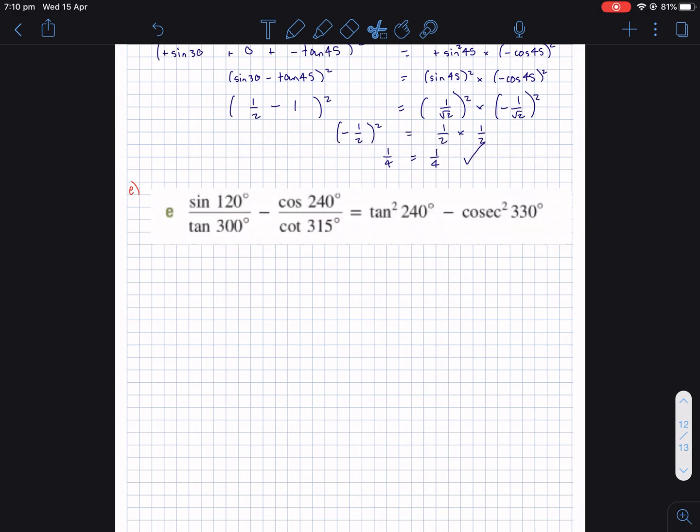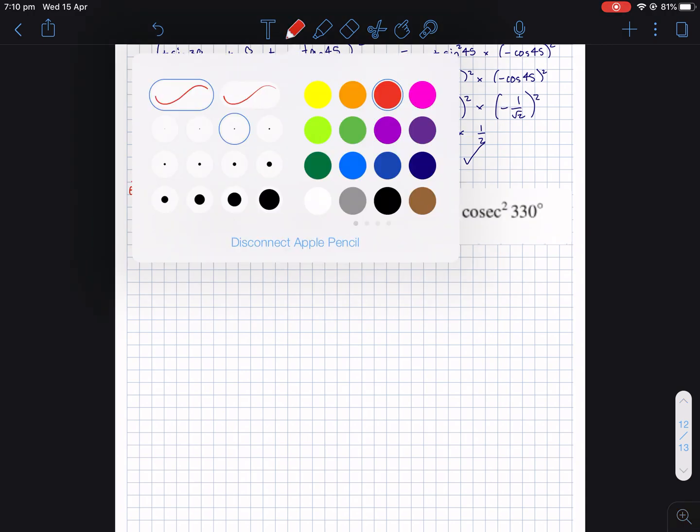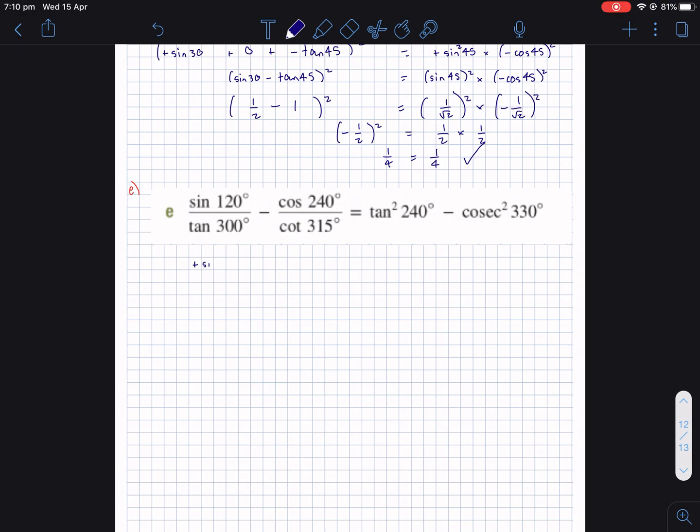Okay. Sine 120. SATC, it's going to be the same as positive sine 60. Tan 300, SATC, negative tan 60, minus cos 240, SATC, negative cos 60, cot, so 1 over tan, SATC, so this is going to be negative tan 45.